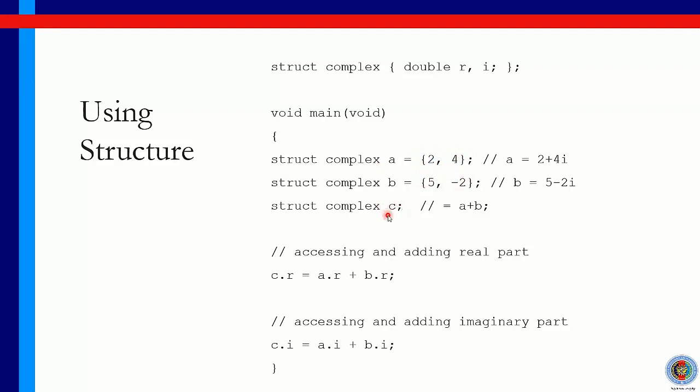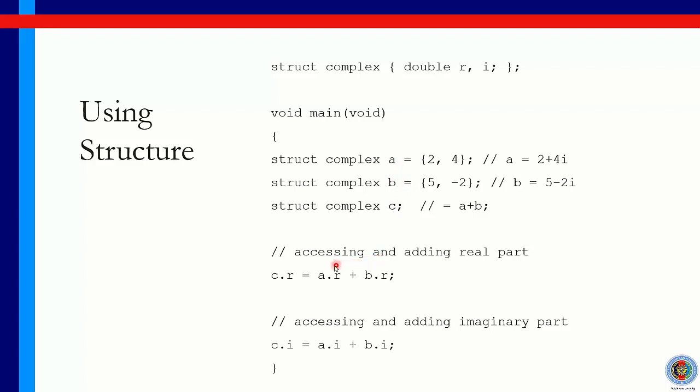Then we want another variable C to be structure complex also, but the value is A plus B. And from maths, we know that the real part of the added complex number is the addition of the real parts from both operands, the same for the imaginary part.